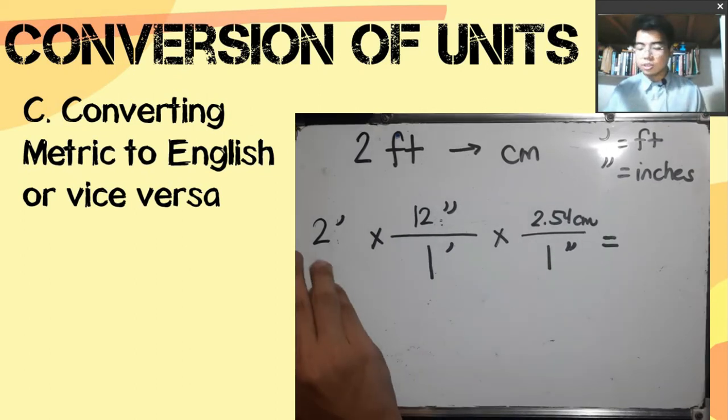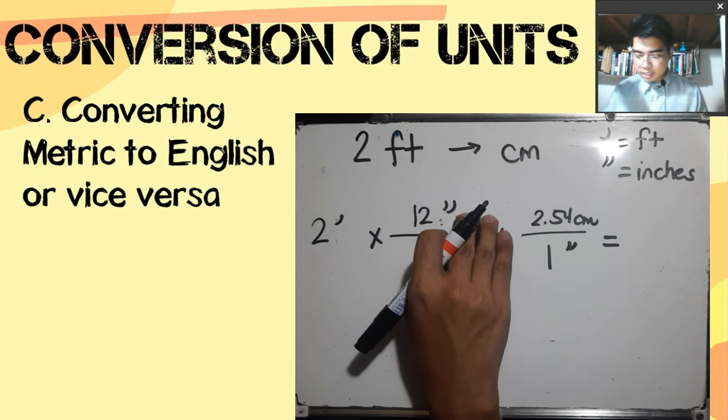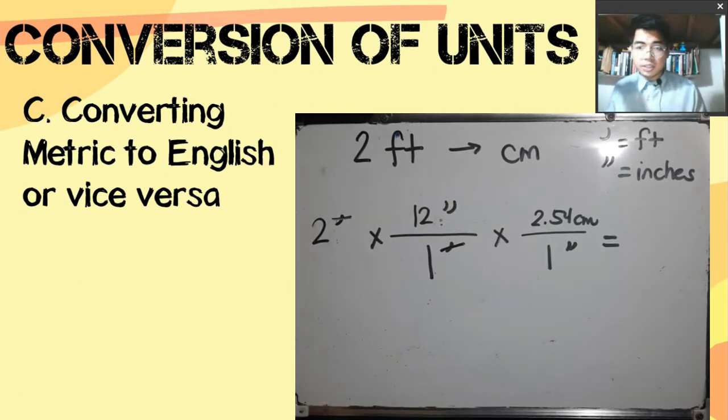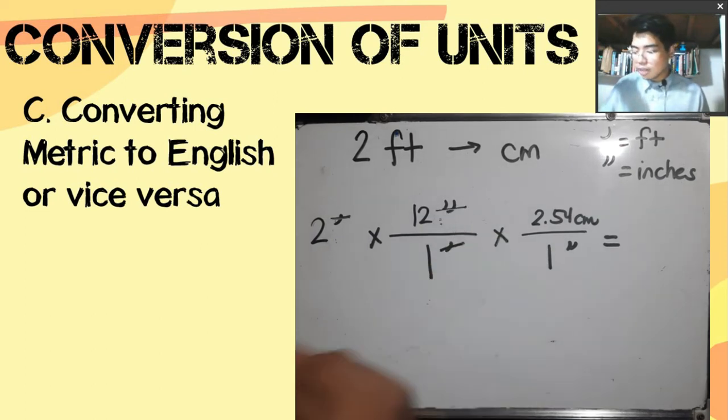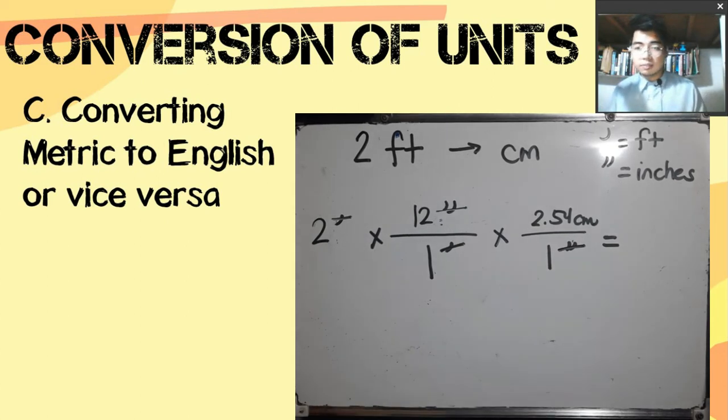Do the math. 2 feet times 12 inches. The units will simply be discarded. They will be cancelled. Then, 12 inches to 1 inch. The units will also be cancelled.